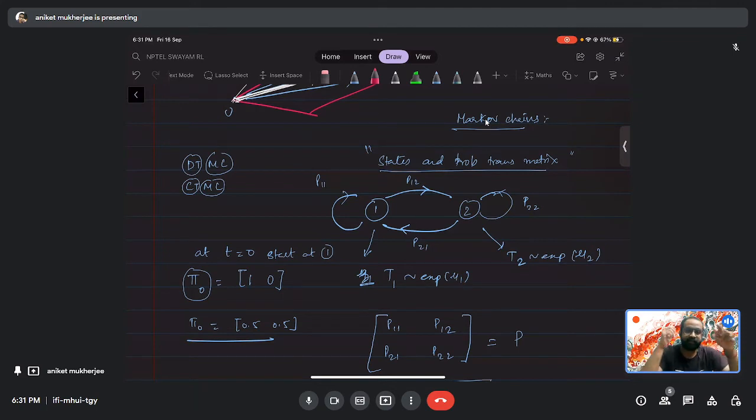The steady state distribution is the one where limit pi t, as t tends to infinity, tends to pi. And anything which satisfies pi t equal to pi t into p is known as the invariant distribution.